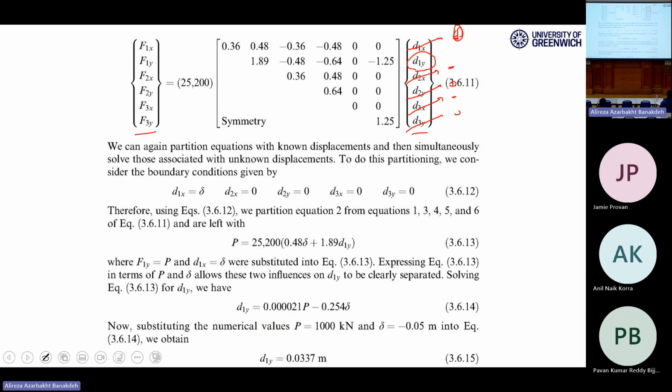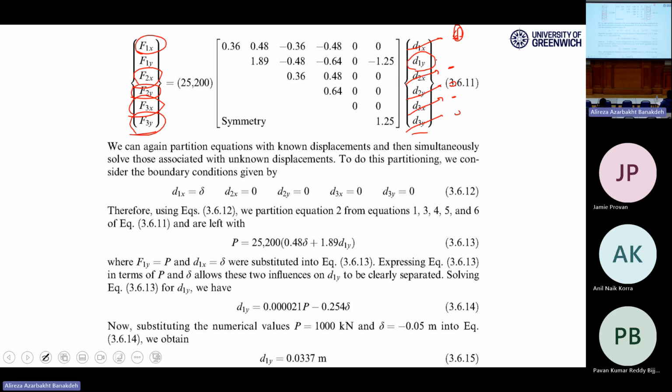And as you know, usually when you have delta equal to 0, the corresponding forces here are support reactions, right?